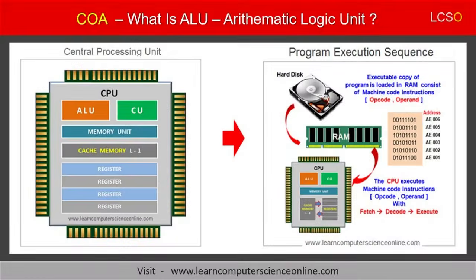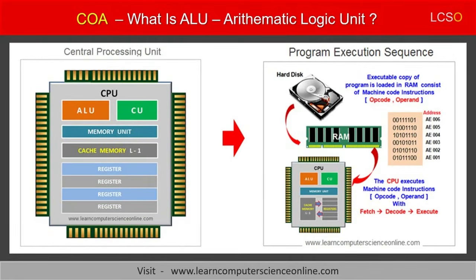The main function of the microprocessor is to execute the computer program. The computer program consists of a set of machine instructions in the binary format. In order to execute the program, the CPU has to perform a number of arithmetic calculations and the logical operations as per the program instructions.